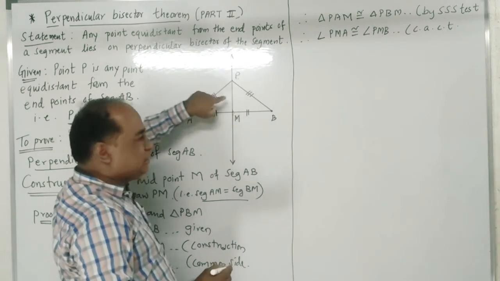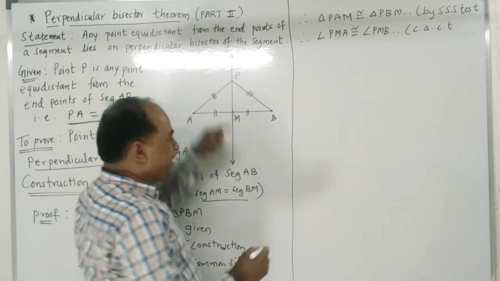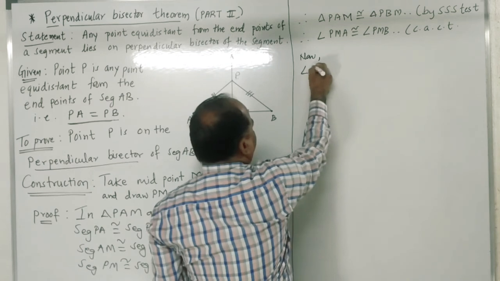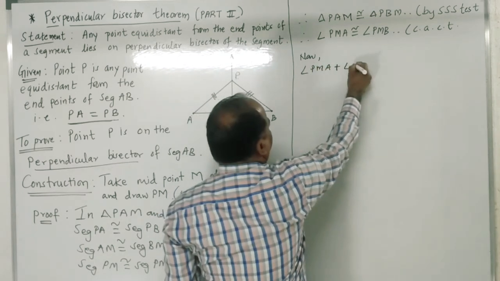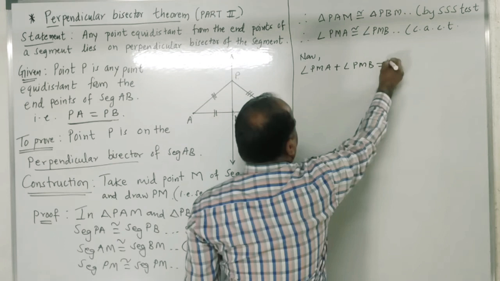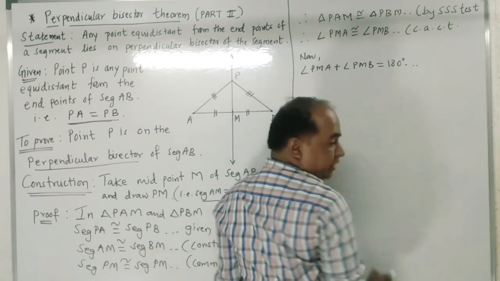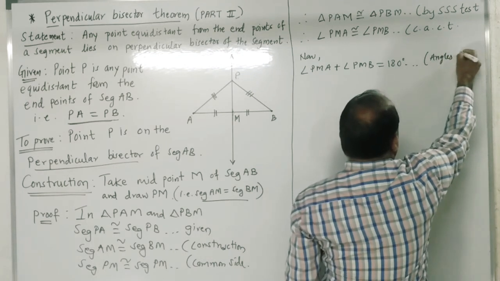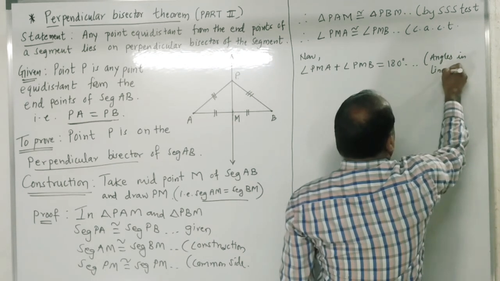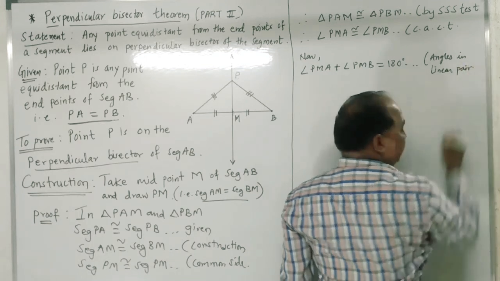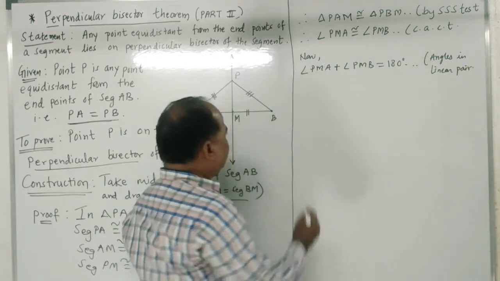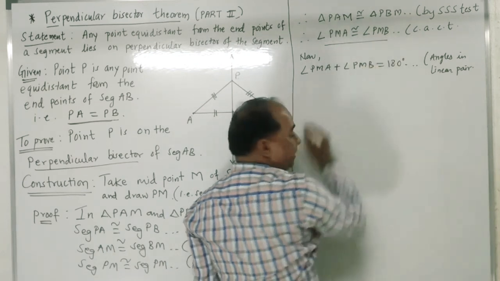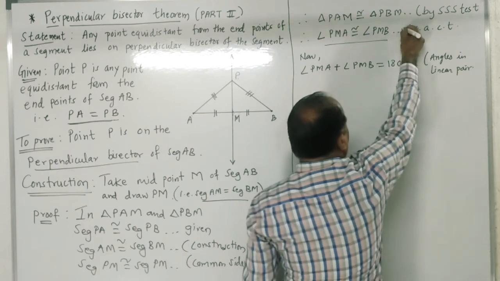The sum of the angles in a linear pair is 180 degrees. So angle PMA plus angle PMB is equal to 180 degrees. But angle PMA is equal to angle PMB. So call this number 1.